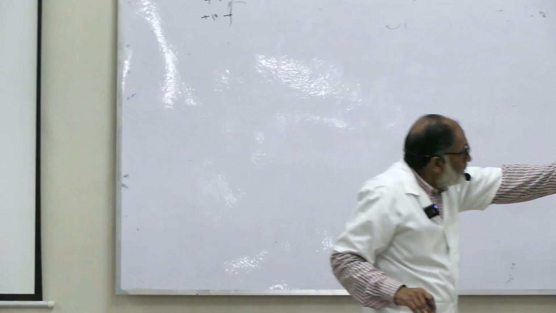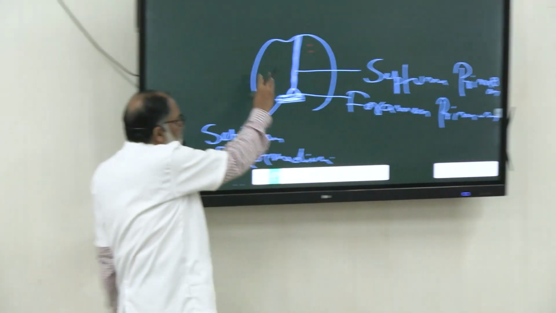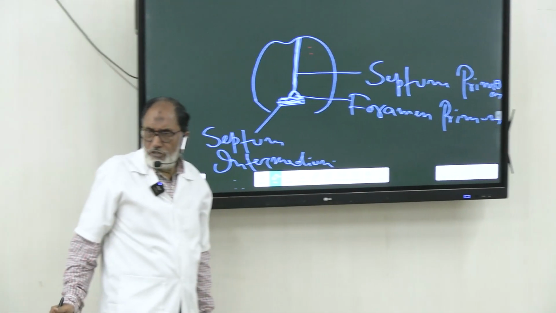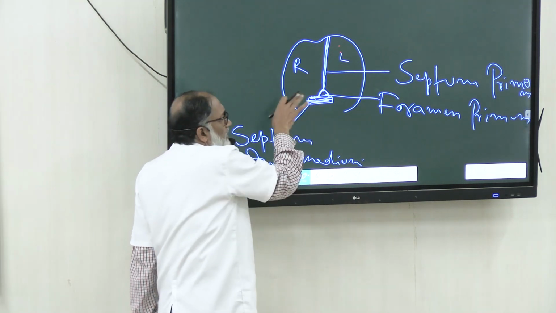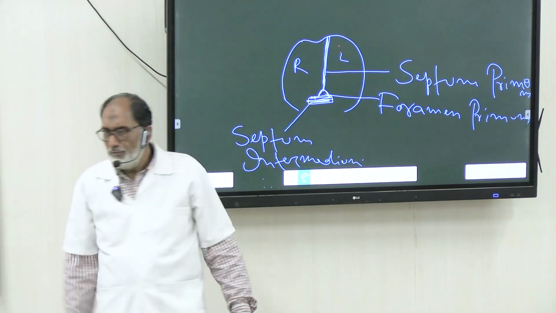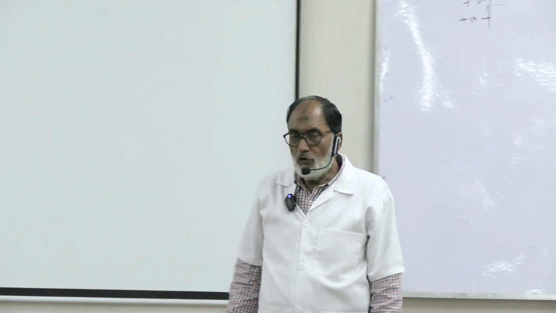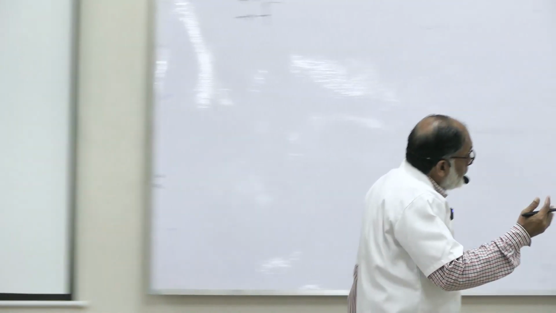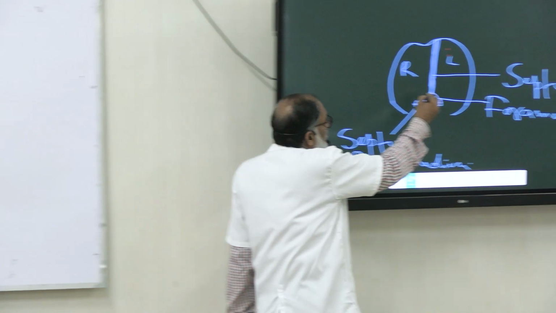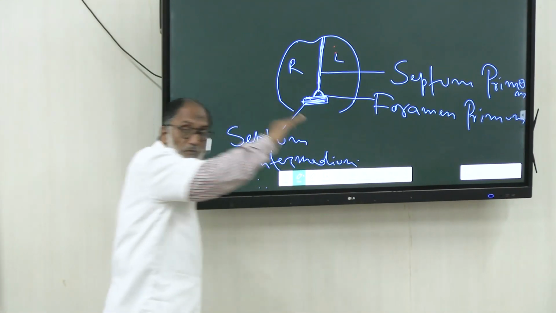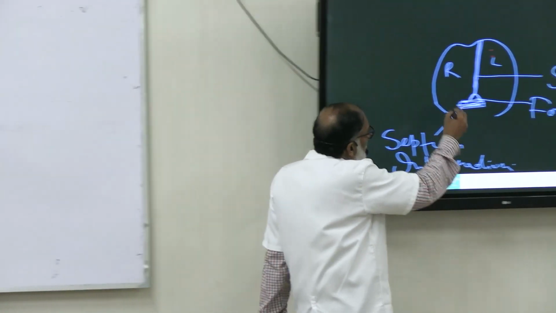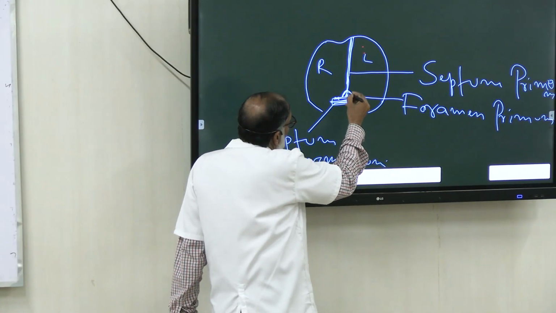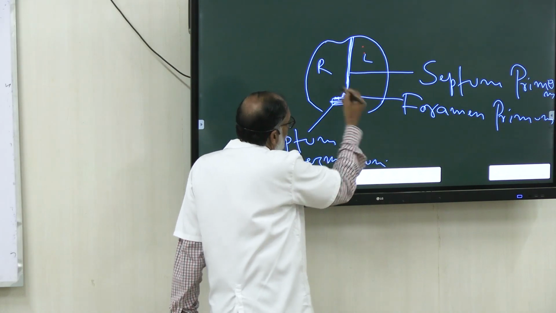Now through this foramen, blood from the right atrium, now that it has been divided into right and left, will pass to the left atrium. Now what will happen? This foramen will be closed when the septum is completely merged with the septum intermedium.